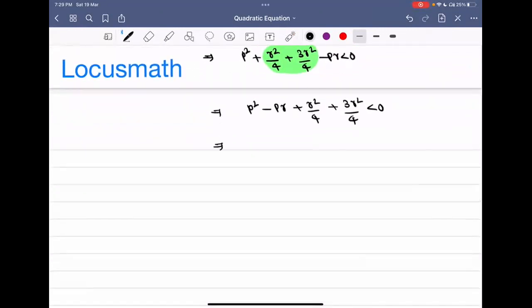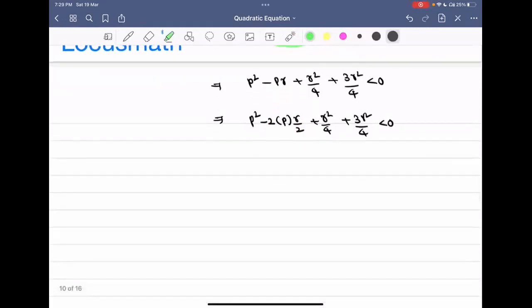Now you write down this thing as p square minus 2 times p times r by 2. This pr can be written as 2 times p into r by 2, 2 cancels, again pr, plus r square by 4, plus 3r square by 4 is less than 0.